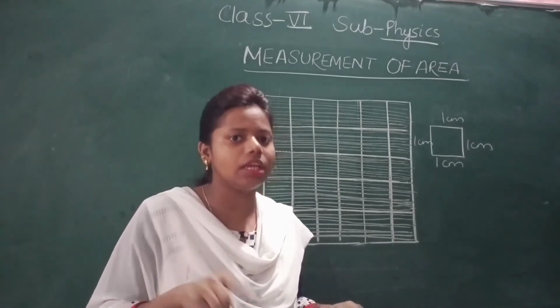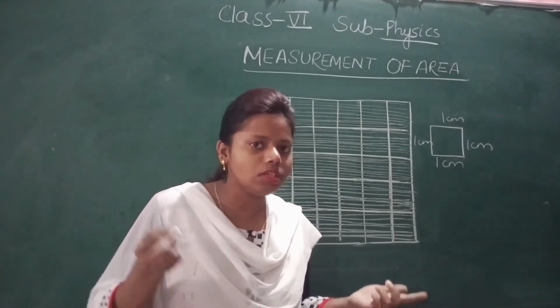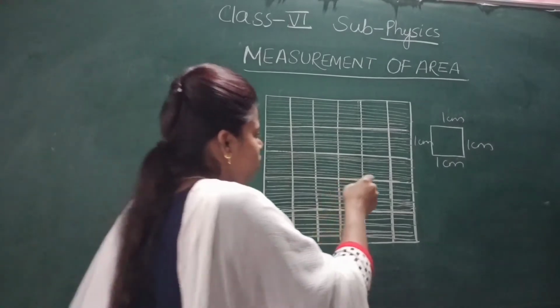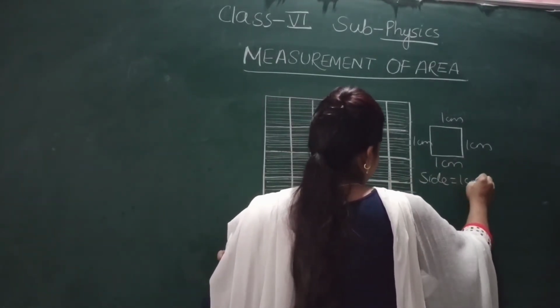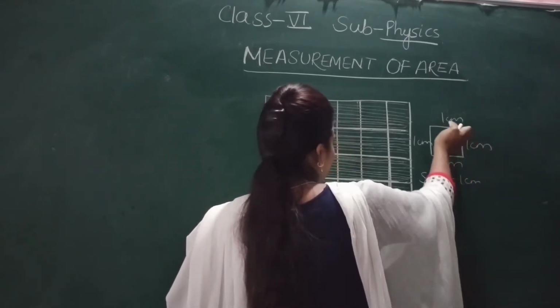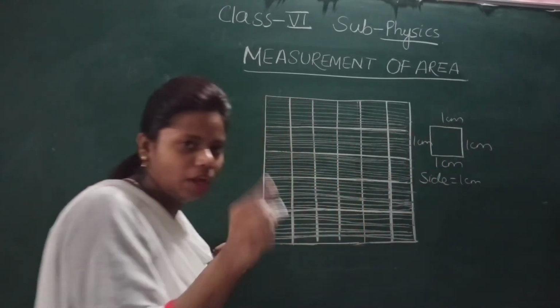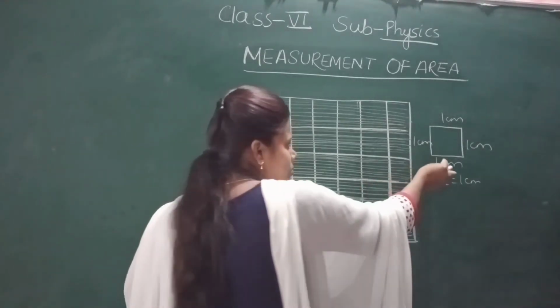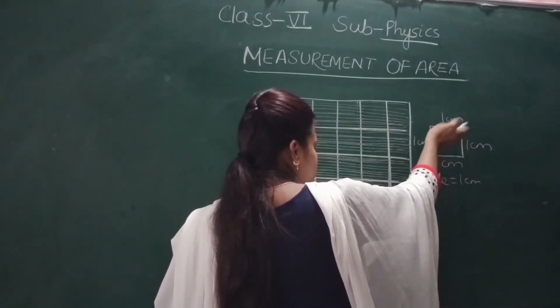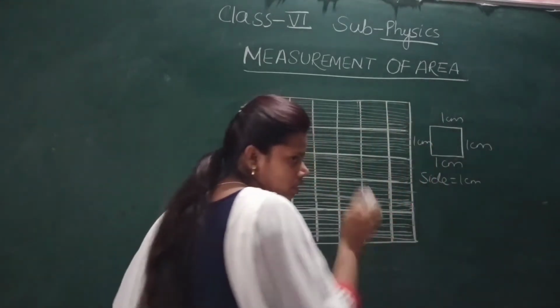Each box has an area of 1 centimeter square. So how is it 1 centimeter square? See here, the side is 1 centimeter, and I have written 1 here also, because it is a square box, and you know that in a square all the sides are equal. So if it is 1 centimeter, this will also be 1 centimeter, and this will also be 1 centimeter.